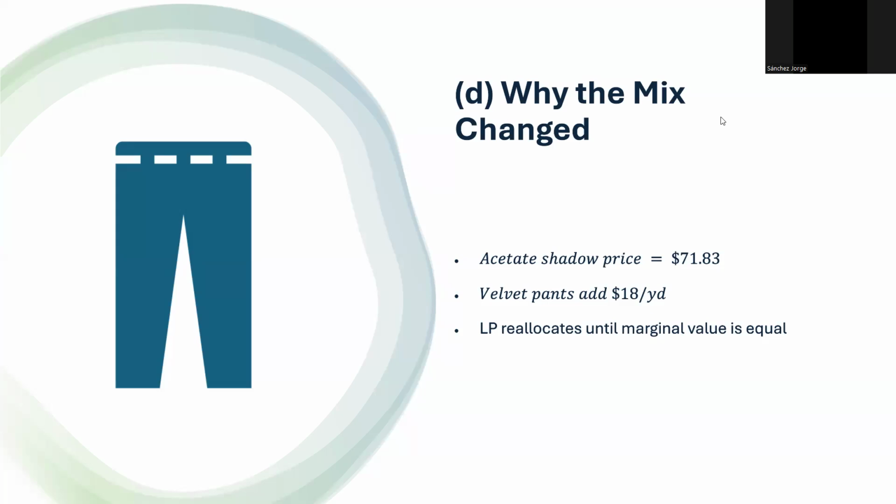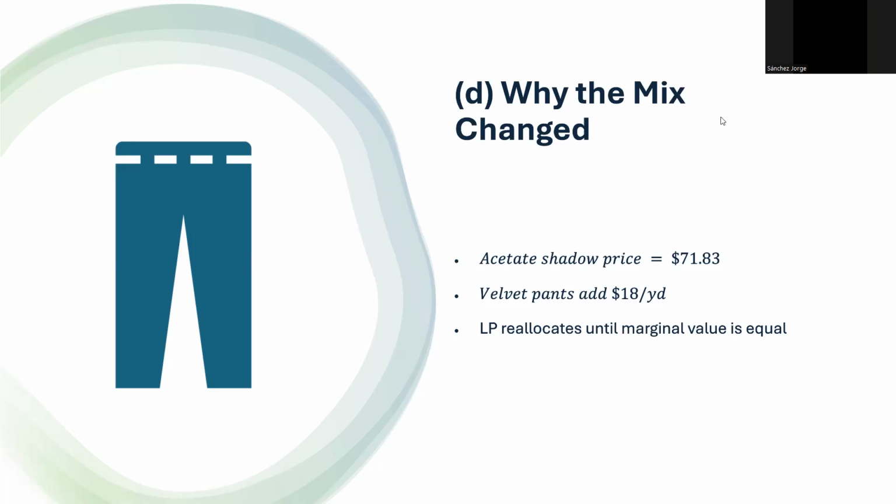But once the velvet becomes free, producing velvet pants gives us $18 of profit per yard of acetate. So what do we interpret of that? That's still less than 71.83.